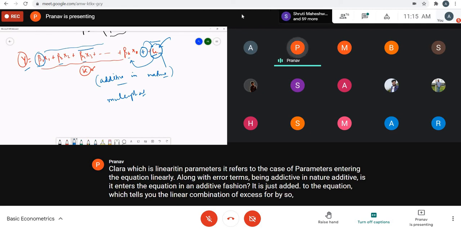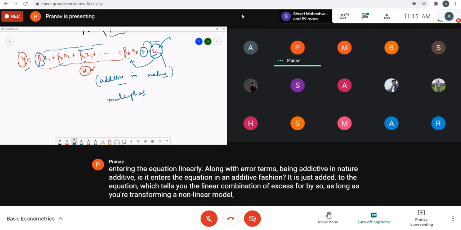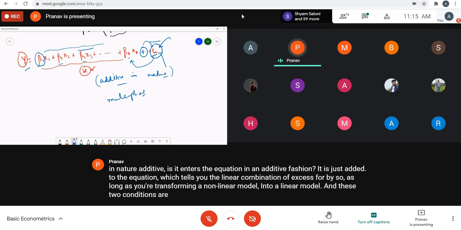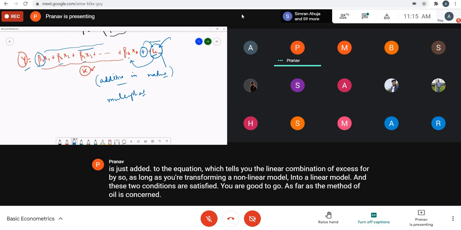So as long as you're transforming a non-linear model into a linear model and these two conditions are satisfied, you are good to go as far as the method of OLS, or econometric methods of the classical linear regression model, is concerned.